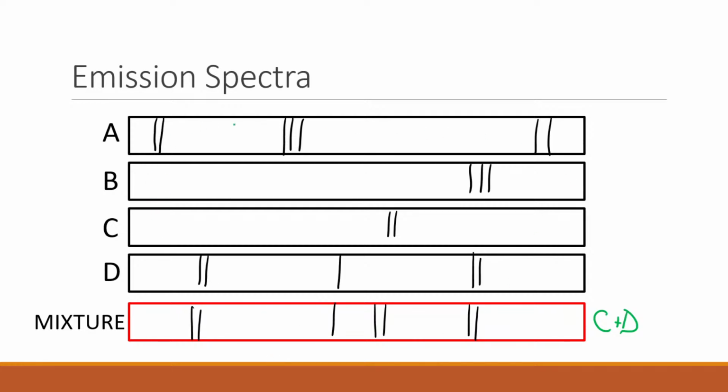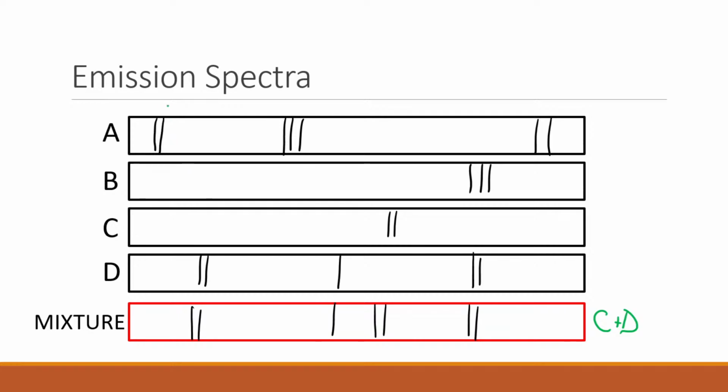This technique was used to help identify a large piece of the periodic table. Before we had the tools to really look at substances and determine if they were atoms, elements, or compounds, we would use emission spectra and compare every single element.